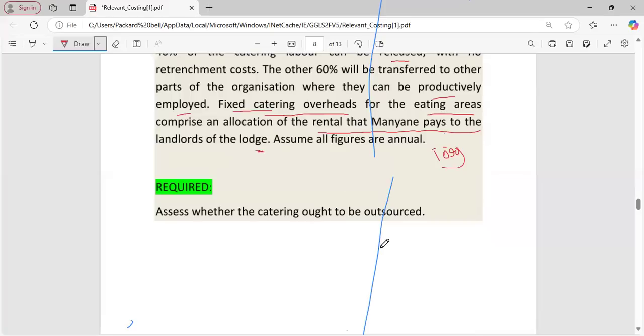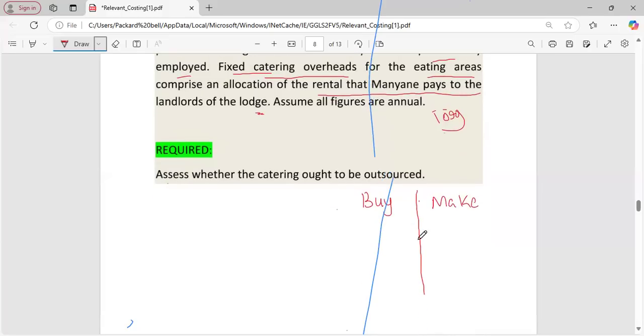So you need to compare the outsource, which is the buy, and the make. Here you are comparing two options. You cannot compare without figures.